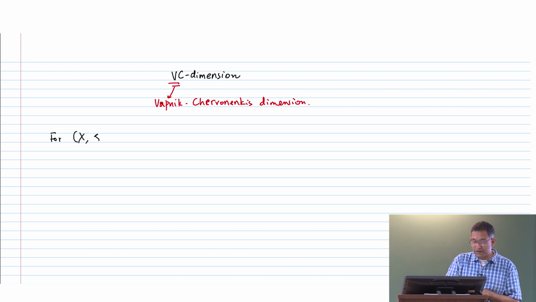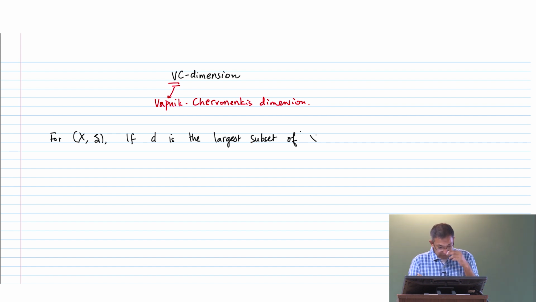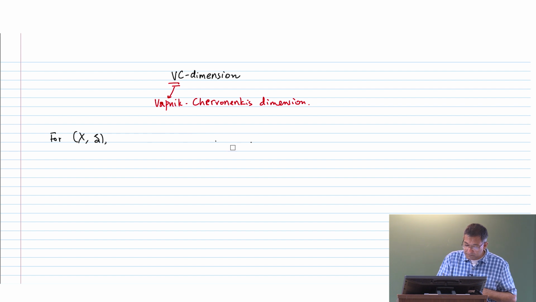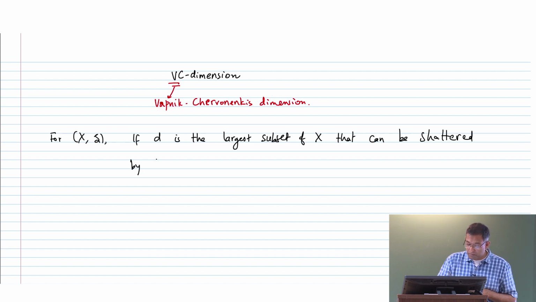So for a set system, if D is the largest subset of X that can be shattered by S, then the VC dimension of the set system is D.